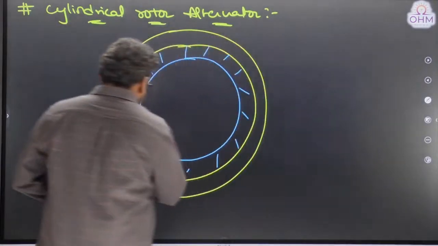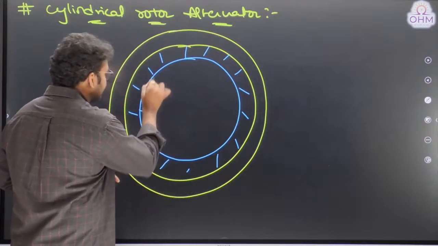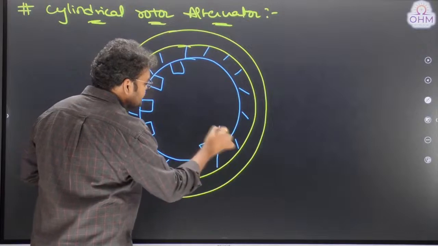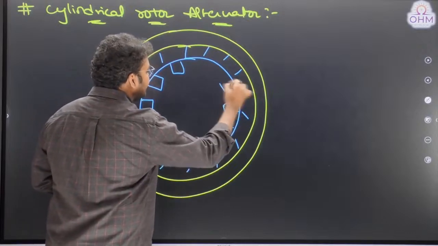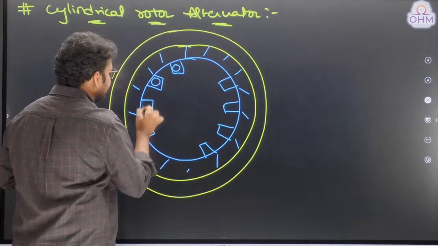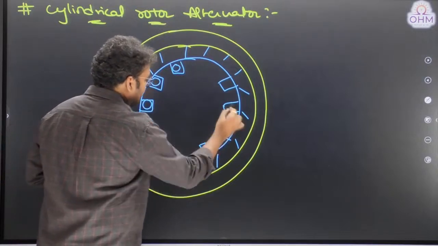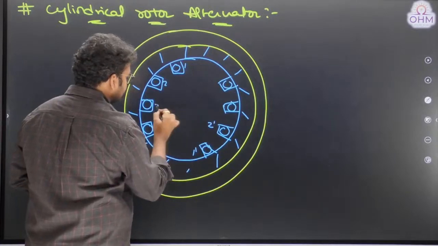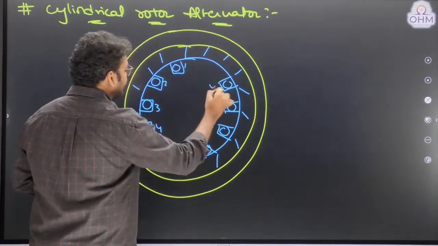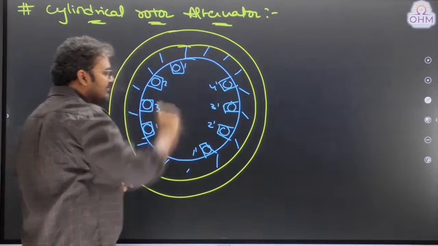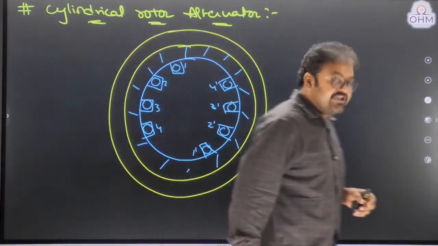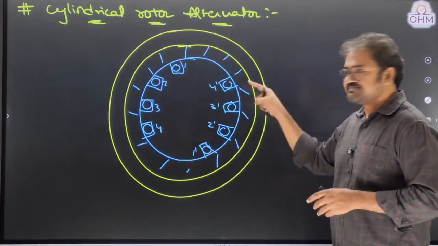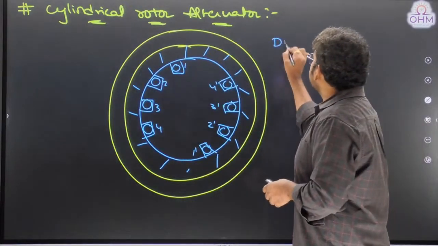We will use some slots in the rotor. These slots are used to place the field winding. These are field winding conductors. Let's say this is 1, 1 dash, 2, 2 dash, 3, 3 dash, 4, 4 dash. Now you see, does the field winding look like concentrated field winding or distributed field winding? Yes, it looks like a distributed winding. So, distributed field winding.